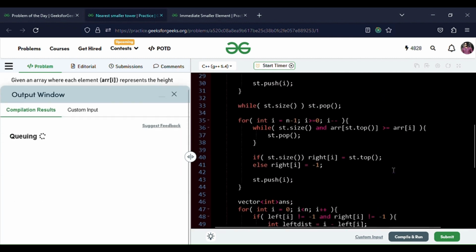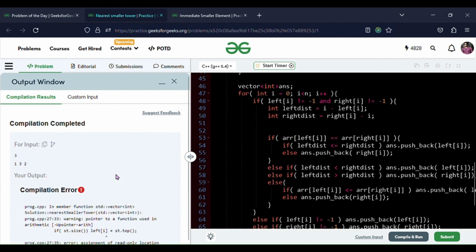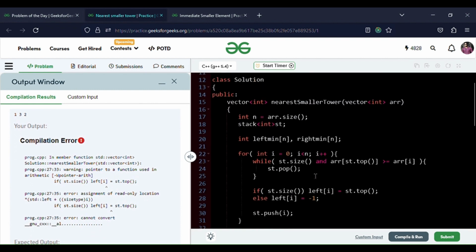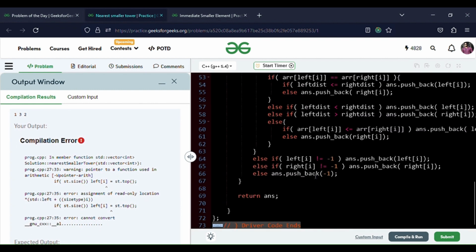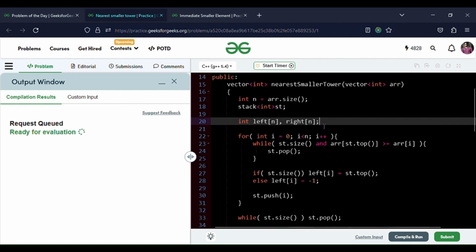Now let us run it. We have an error, so it is left min, so we can make this left and right, and sorry, naming convention.